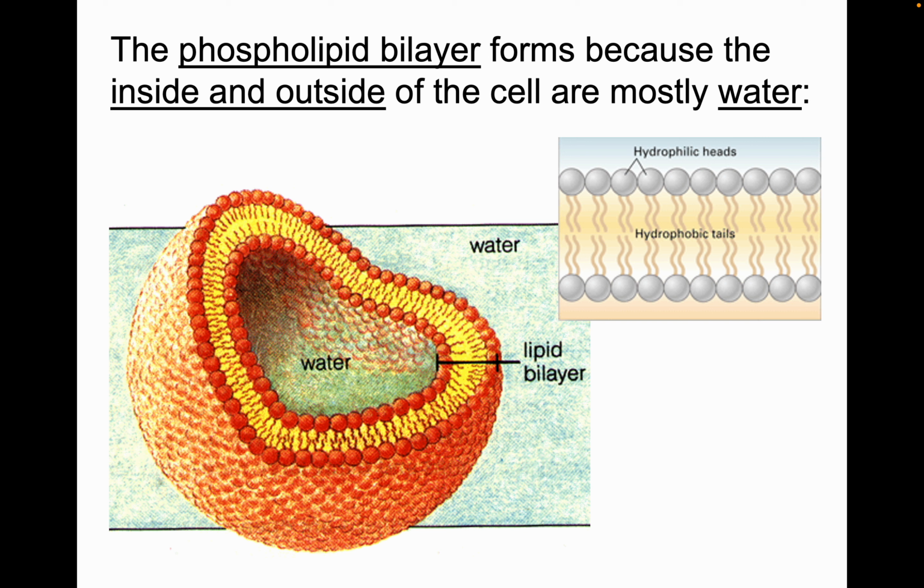Next is the phospholipid bilayer in a cell. The phospholipid bilayer forms because the inside and outside of the cell are mostly water. So, water, hydrophilic. Okay?